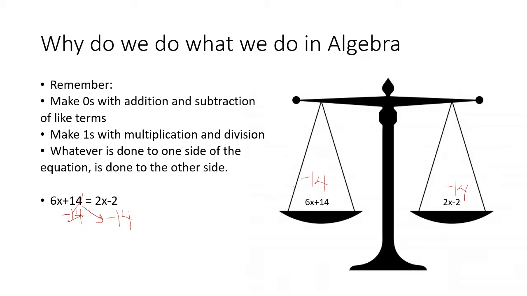But you can solve problems that way, but you don't get the concept as to why you're doing what you're doing. So yes, once you solve that way, the 14 was positive on the left of the equal sign, is now negative on the right of the equal sign. And you can now combine it, the negative 2 and the negative 14, and get negative 16.